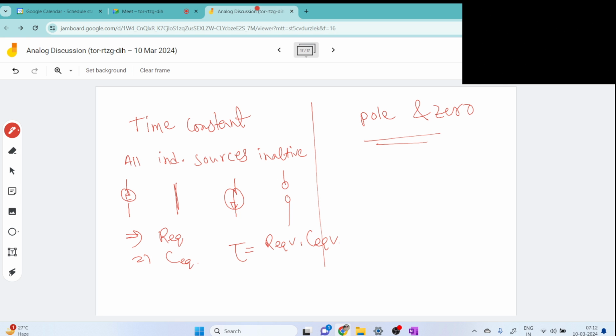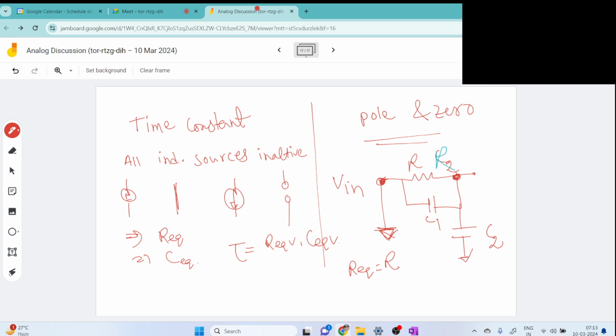Let's find the time constant here. We have this circuit with a voltage source, V in, which is an independent source, so it will be short circuited to the ground. Now, what is the equivalent resistance? Only R, since there is no other resistance.